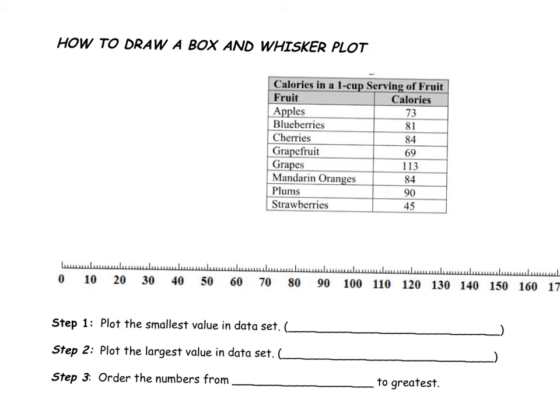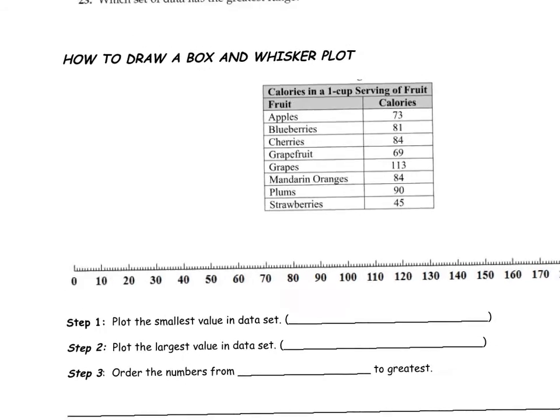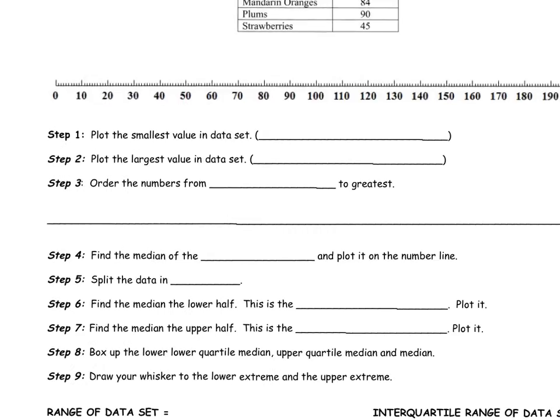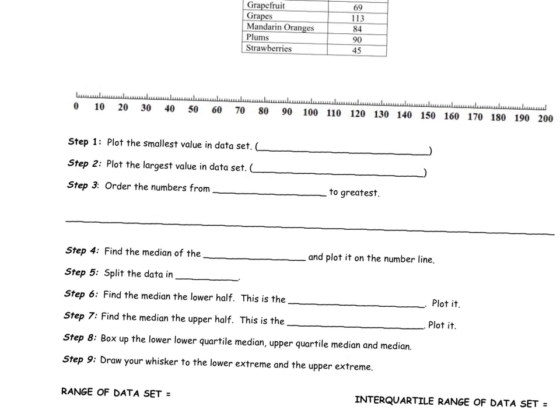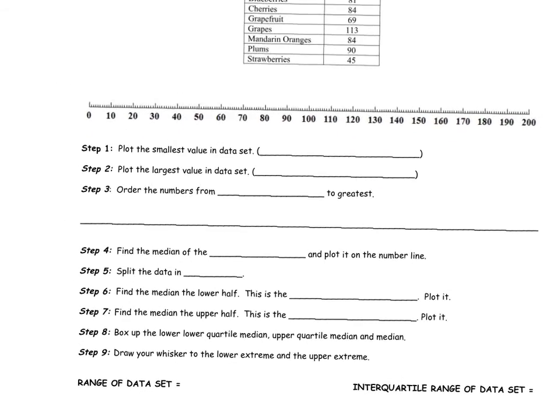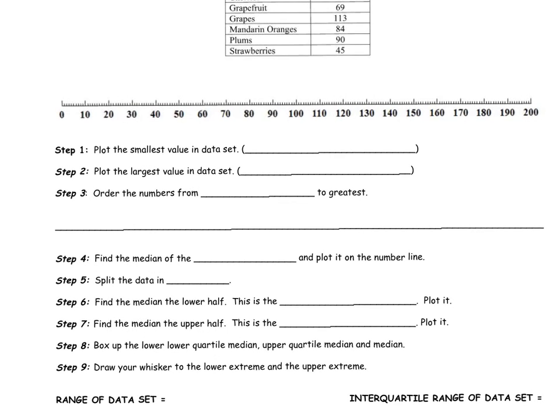You're given a table that says calories in a 1 cup serving of fruit, and they list fruits and then each of their calories per 1 cup serving. We're just going to literally follow the steps. You see there's a lot of steps, but I broke them down so that you could figure out how to do these fairly quickly. The first one says, plot the smallest value in the data set.